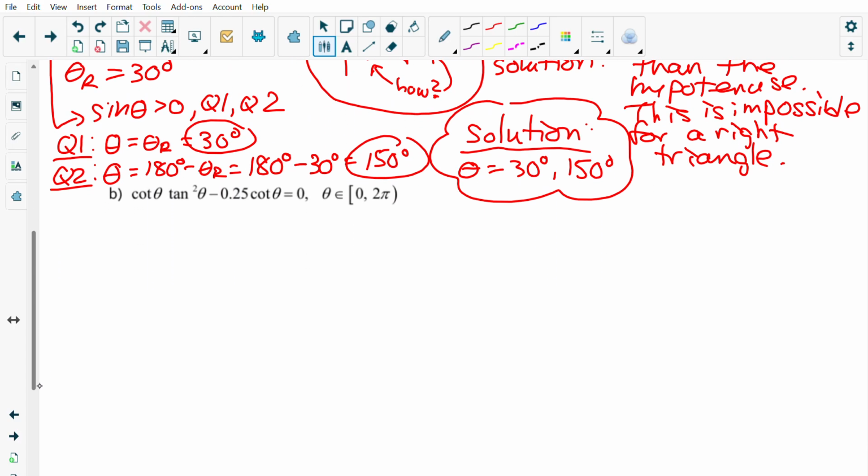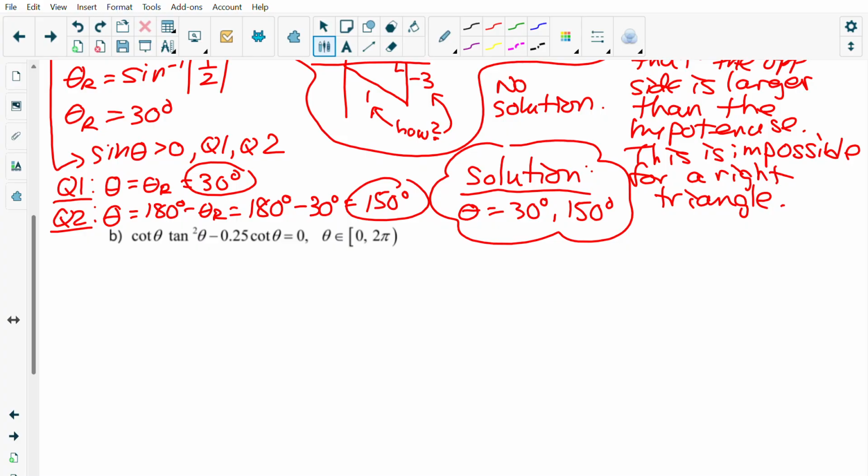Okay, letter B, last one in this section. Cotangent of theta times tangent squared of theta minus 0.25 equals 0, where theta is an element of 0 to 2 pi, not inclusive. For this one, I'm going to factor out a cotangent of theta. That's tangent squared of theta minus 0.25 equals 0.